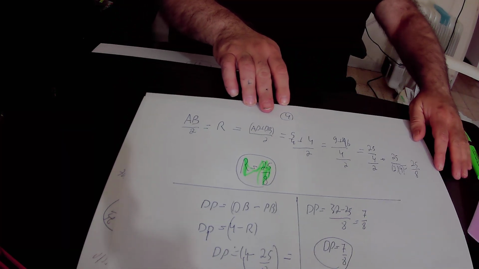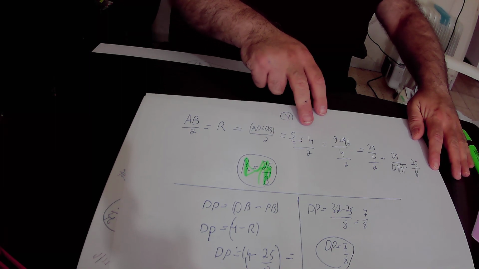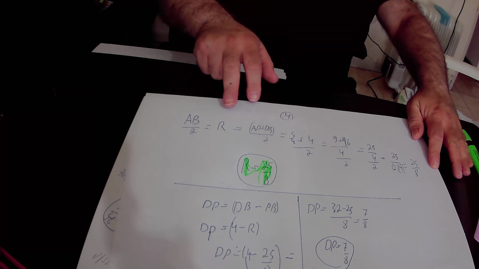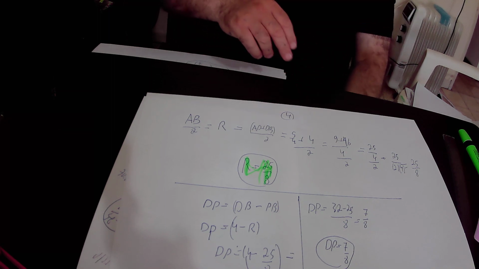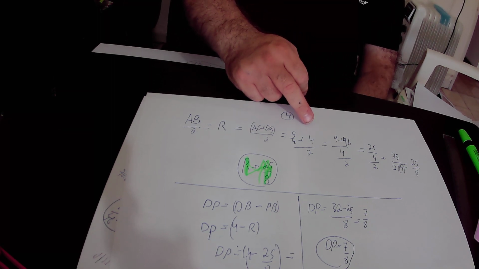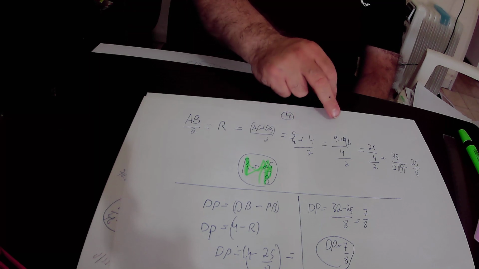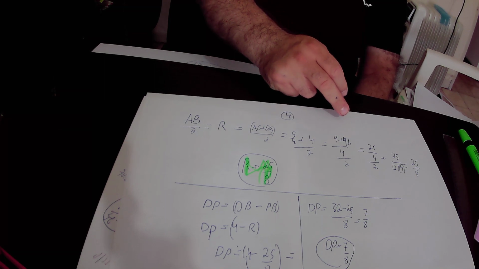We already found out that AD equals 9 over 4, and DB equals 4 units, it is given in the question. And if we divide it by 2, we get the radius of the circle, that is also the radius of the semicircle. Here, we multiplied 4 by 4, and then we divided by 4 in order to have a common factor with 9 over 4. 4 times 4 is 16, so in the numerator we have 16 plus 9 over 4, all over 2. 16 plus 9 is 25, so 25 over 4 over 2.